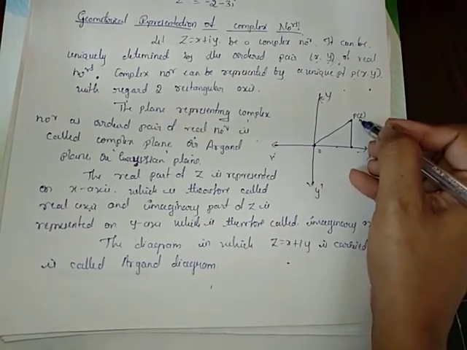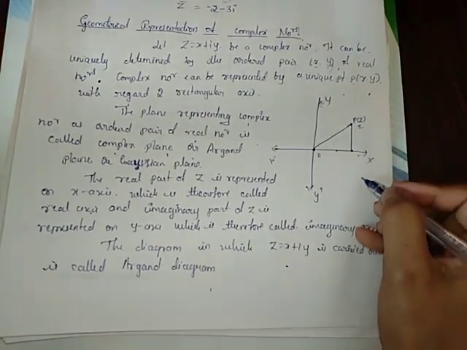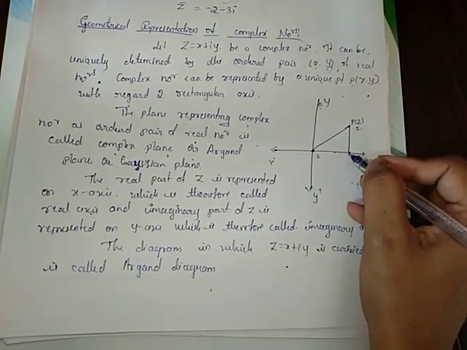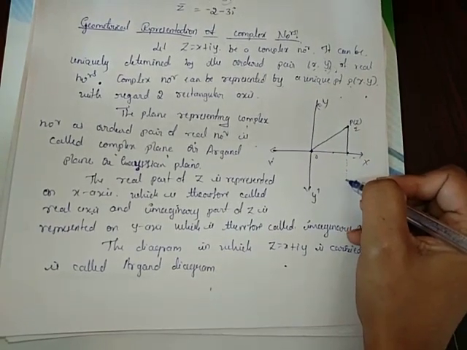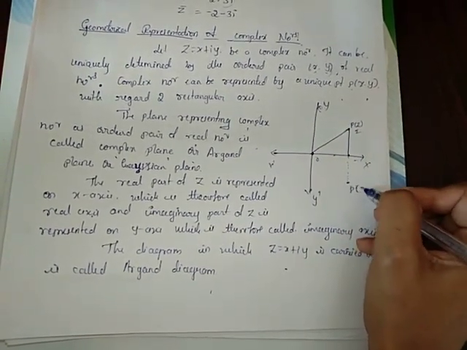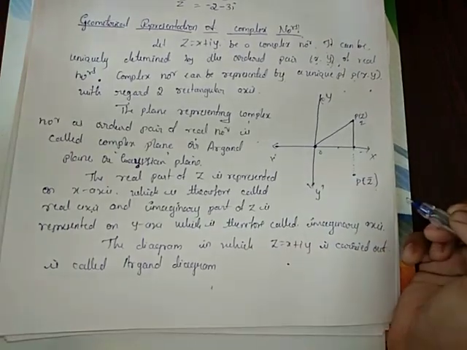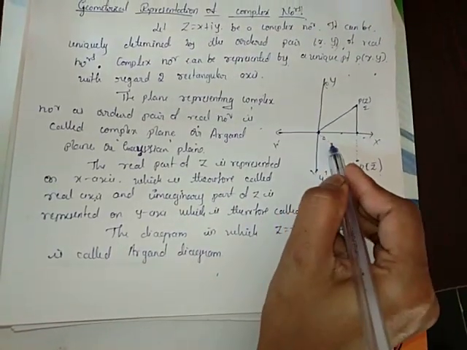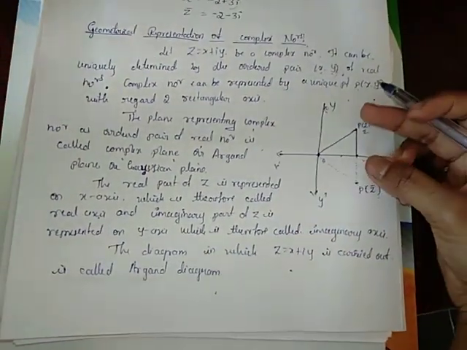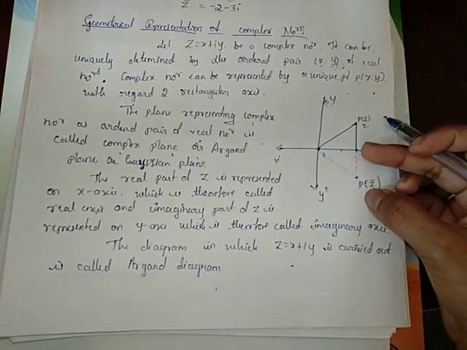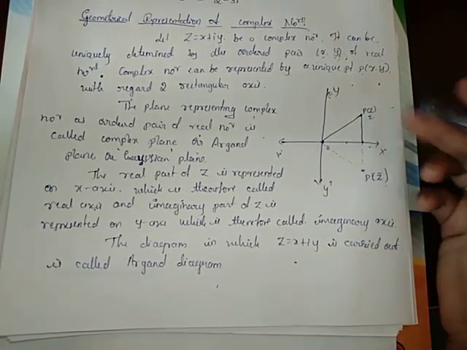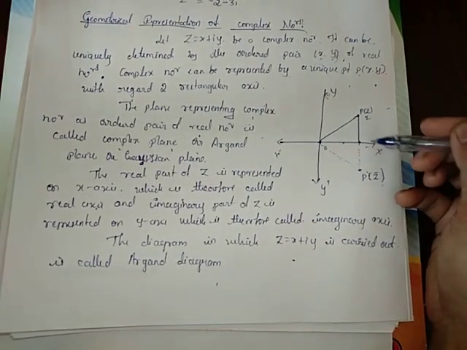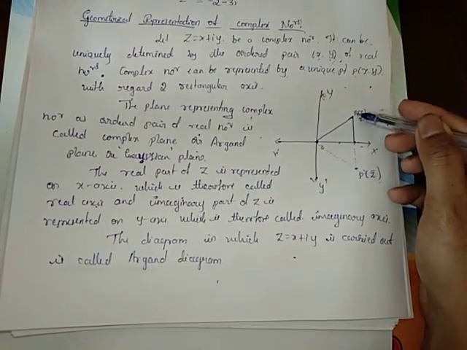If it is plus 2 here, it is minus 2 there. P of the conjugate of z. Accordingly, the length will be the same, but as we mentioned on the axis, this will be the negative term and this will be the positive term.